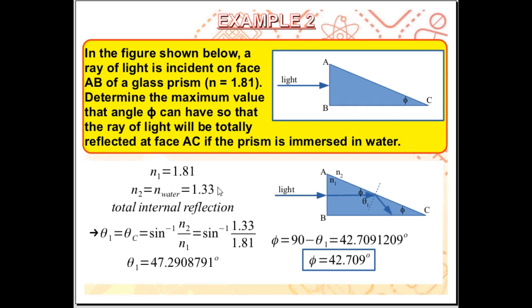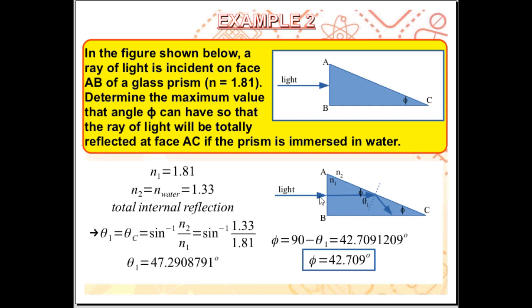You will recall, one of the conditions for total internal reflection to happen is that N1 must be greater than N2. And the fact that we got an answer for theta 1, the critical angle, means total internal reflection is indeed possible for the system described by the problem.